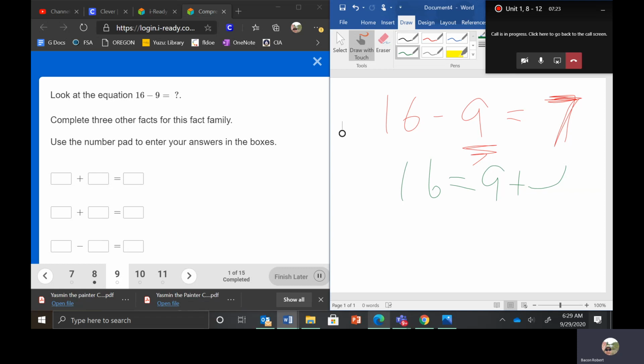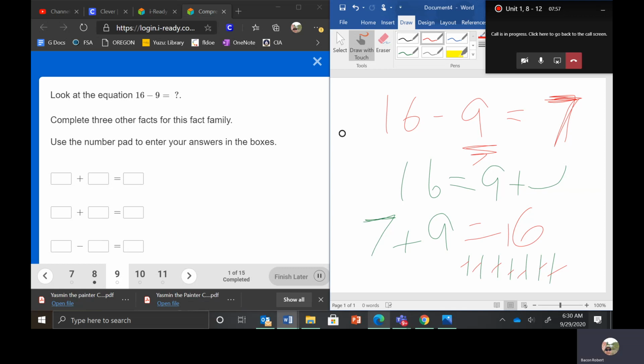And if you didn't know that we could do that with our fact families, let's prove it. Take our 7, add 9. So I'm going to count up from 9. First, I'll just count up 9, and then 1, 2, 3, 4, 5, 6, 7. So 9, 10, 11, 12, 13, 14, 15, 16. Perfect.